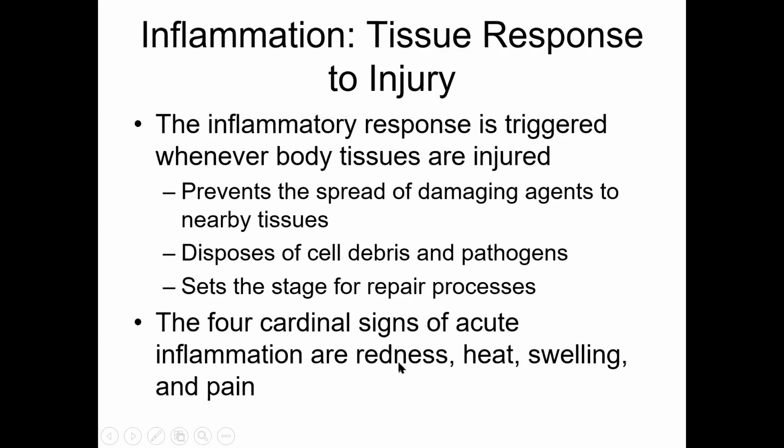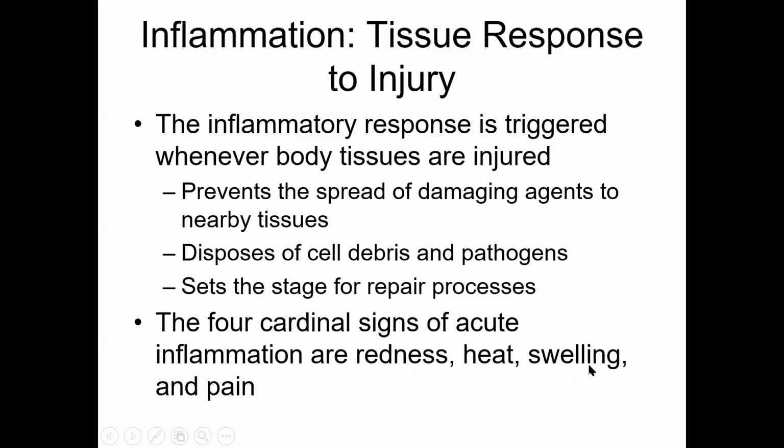Redness is because the blood vessels become more permeable. There will be more blood in that area, so it's more red. Heat is because blood is warmer than the rest of the body. If you have more blood in that area, then it's going to be warmer. So if you have a cut and inflammation on your hand, if you touch it, it's kind of warm. We all know that, okay?